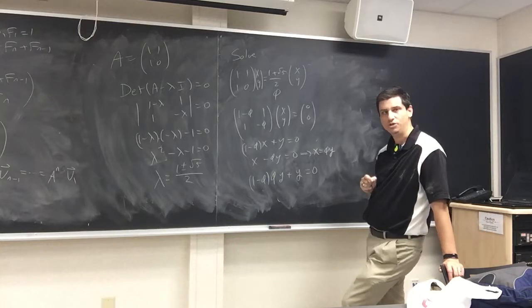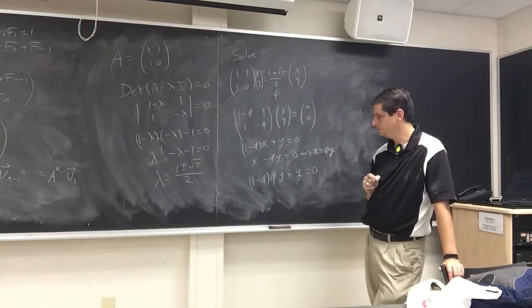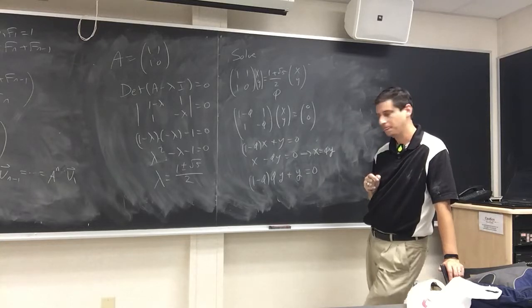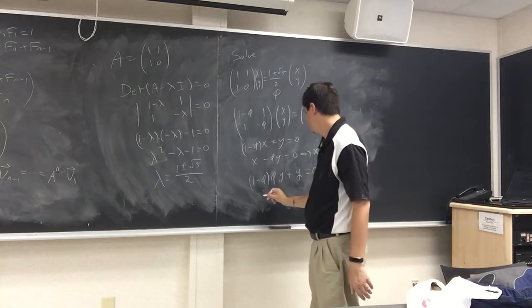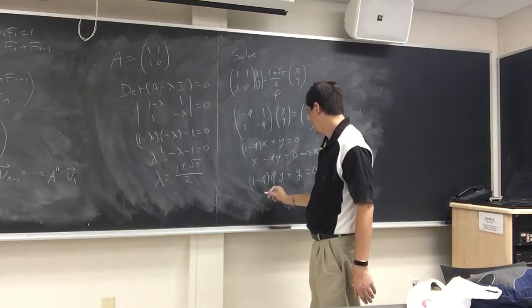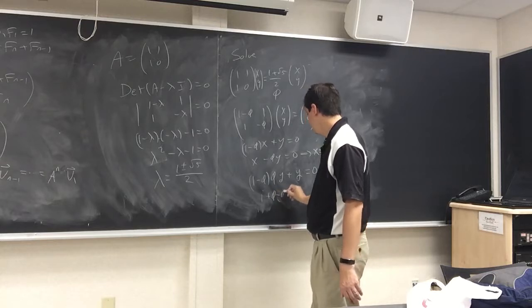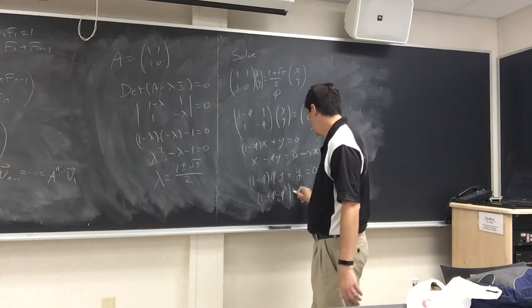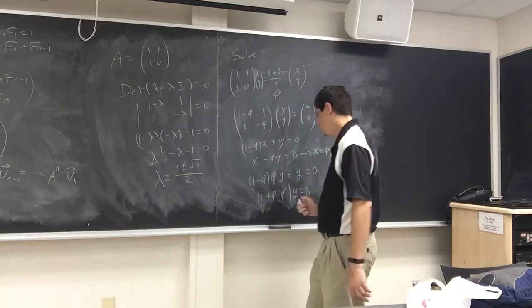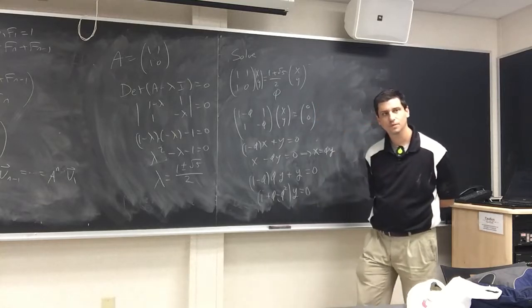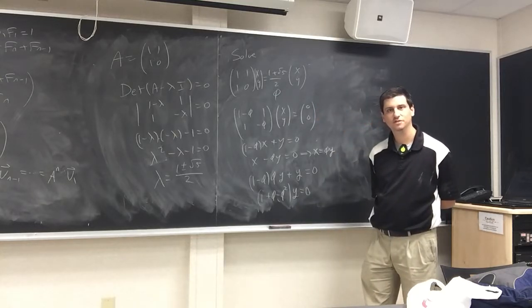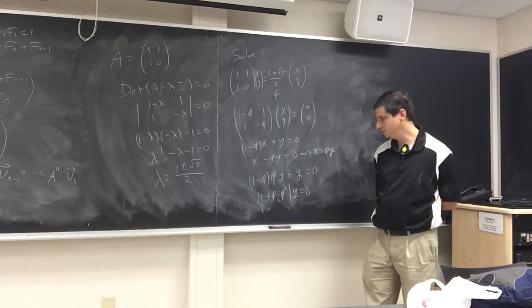What values of y will work? So this becomes 1 plus phi minus phi squared times y equals 0. What value of y is going to work? 0 definitely works.